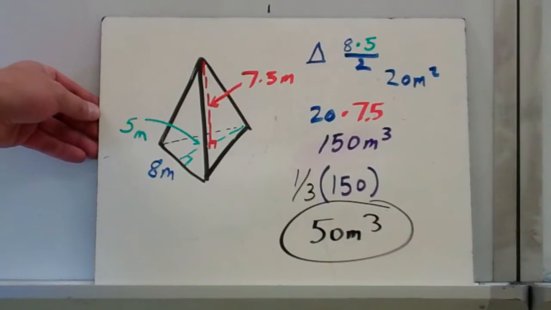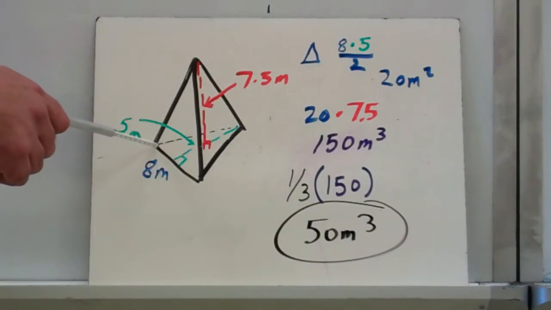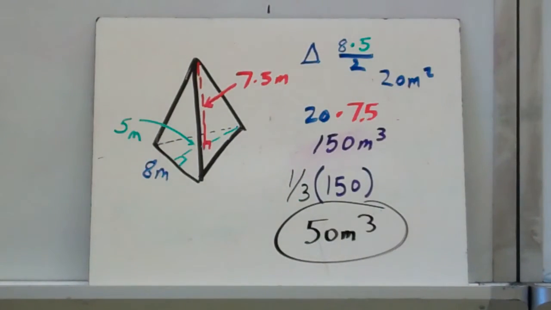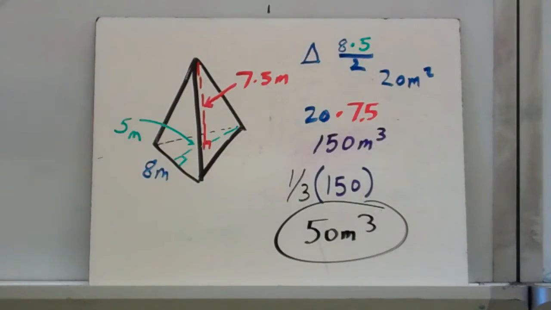And then the last example we have is working with a triangular based pyramid. Okay, so first we have a base length of 8, and then a lateral height, or a slant height, of 5. So we find the area of that triangular face. So 8 times 5 is 40.